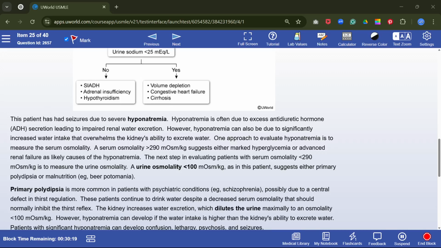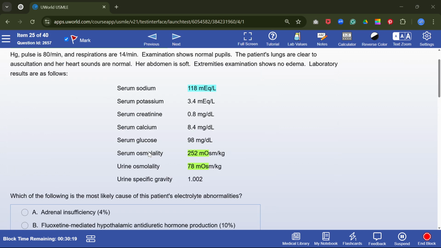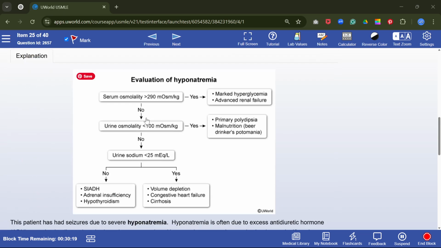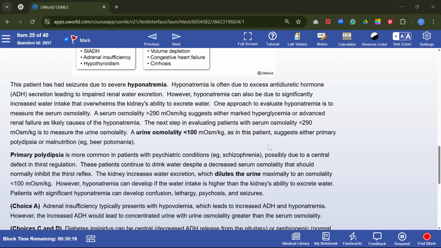So this patient's seizure is due to hyponatremia. In here, we found the serum sodium is low, serum osmolarity is less than 290 milliosmol per kg, and urine osmolarity is less than 100. So there are two differentials, primary polydipsia and beer potomania.